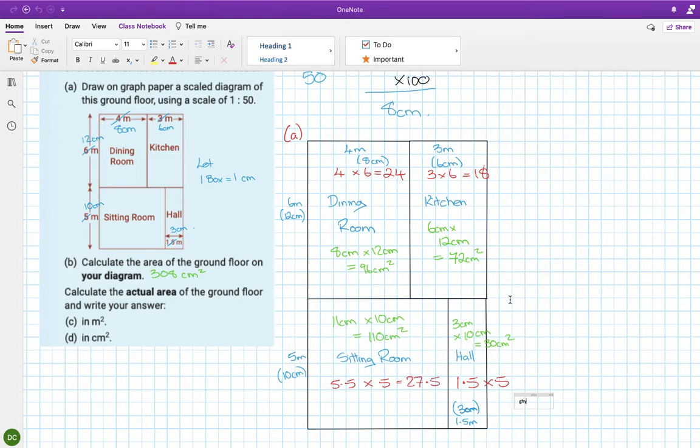And 1.5 by 5 is 7.5. Yeah? Add them up. So 7.5 plus 27.5 plus 24 plus 18 is 77 meters squared for the whole thing.